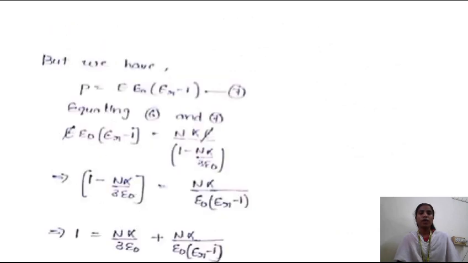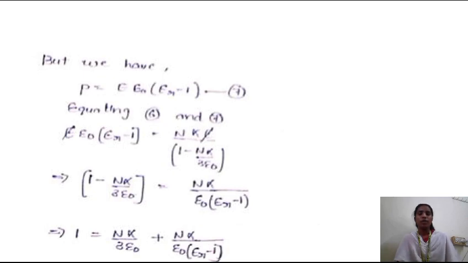But we have P equals epsilon naught E into epsilon r minus 1, equation 7. Equating 6 and 7, epsilon naught E into epsilon r minus 1 equals N alpha E by 1 minus N alpha by 3 epsilon naught.